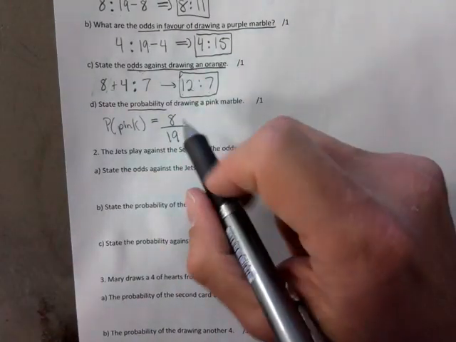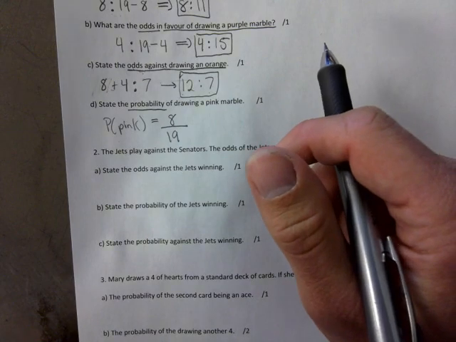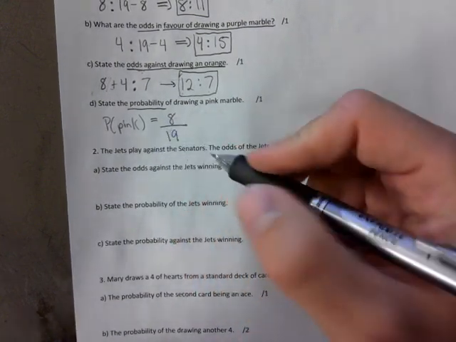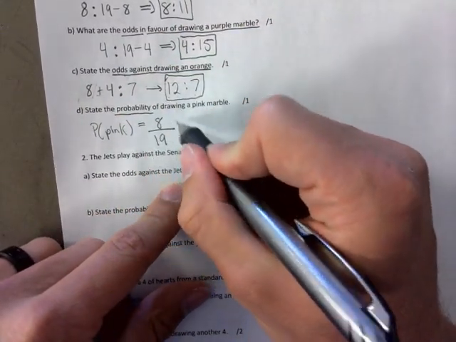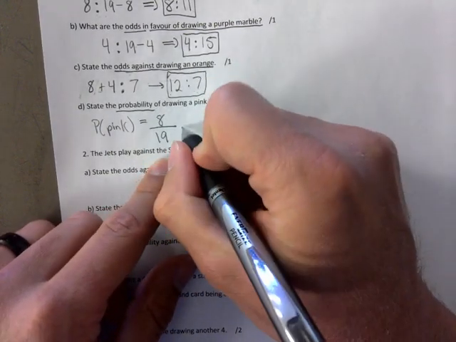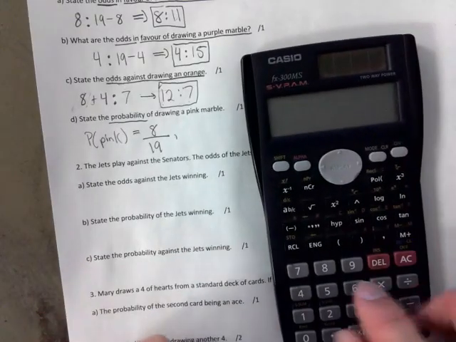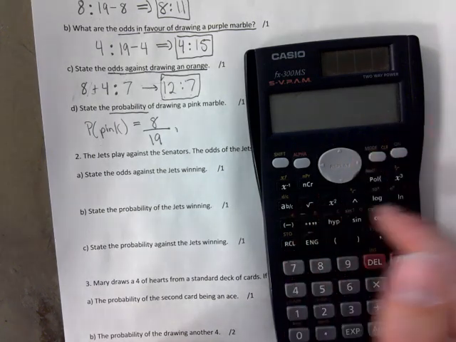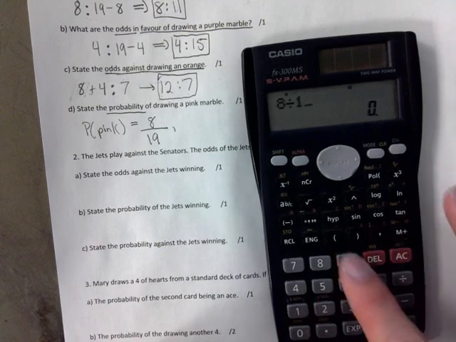So I didn't ask for you to convert anything. But if you did, usually when we find probabilities, based on the definition we have, we always usually get a fraction first. But just to complete it, if you did do this, for finding the decimal and percent, it would just be 8 divided by 19.